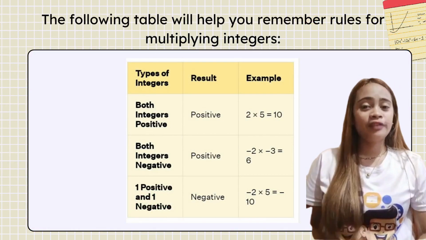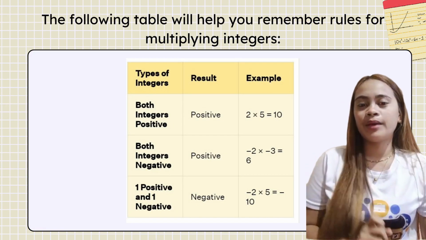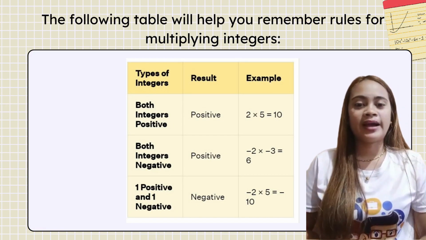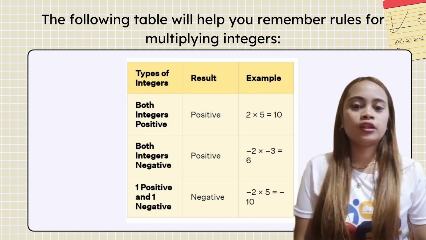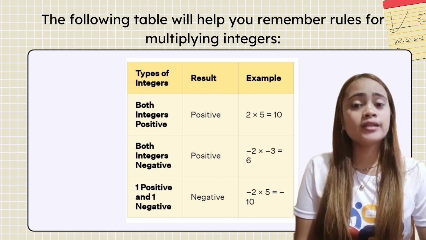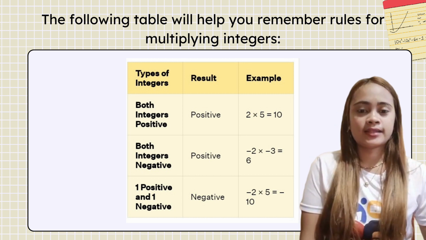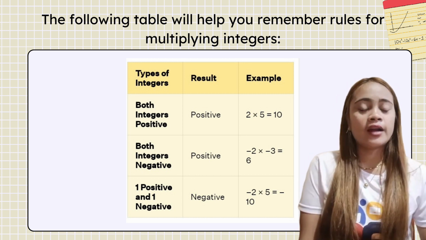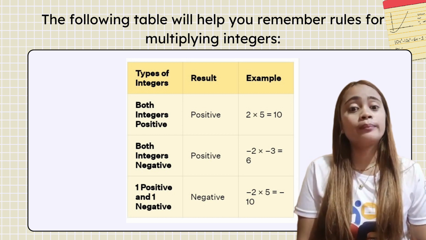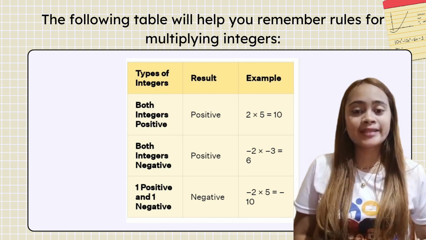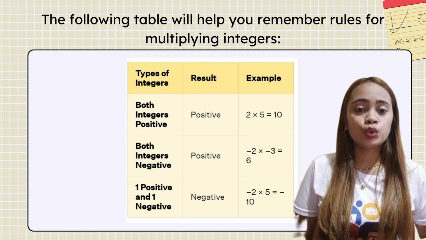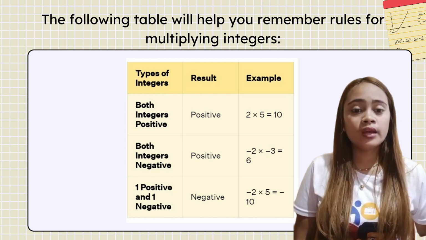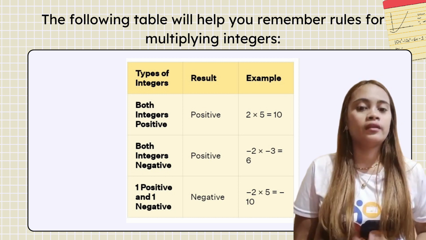Now, the following table will help you remember the rules for multiplying integers. Dito makikita na yung types of integers, the result, and the example. Pag both integers are positive, of course, the result will be positive. For example, positive 2 times positive 5 is equal to positive 10.